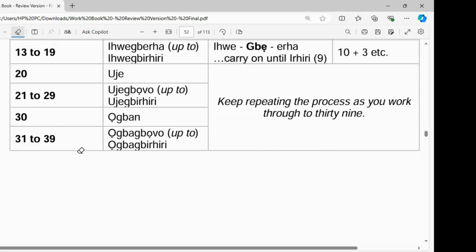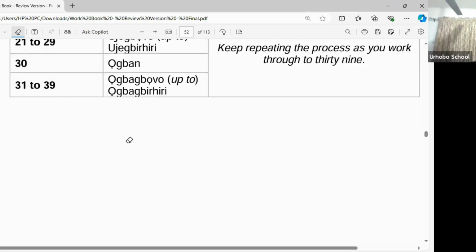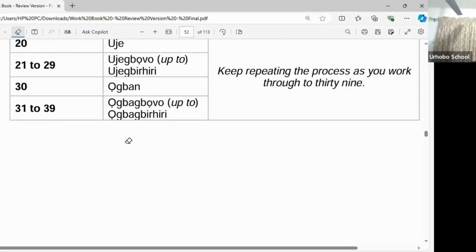The same pattern. You go 31 to 39. Go ahead. Ogba Bovo, Ogba Vive, Ogba Bera, Ogba Gwene, Ogba Gwiorin, Ogba Besam, Ogba Gwivre, Ogba Berere, Ogba Gwiriri.